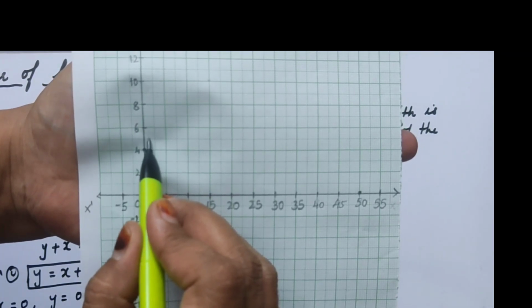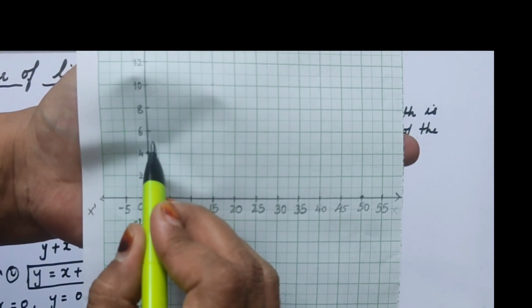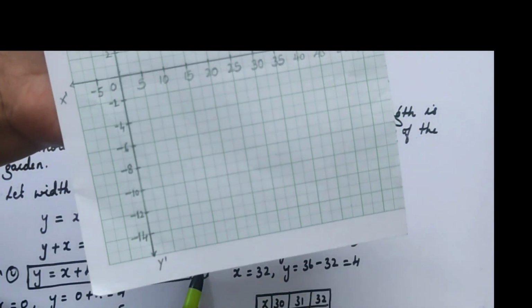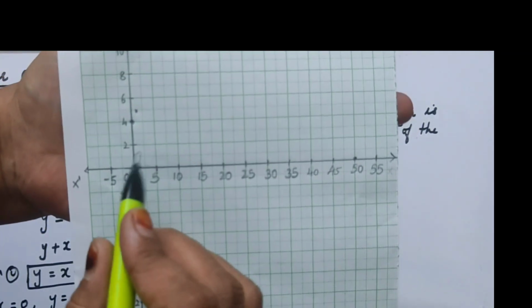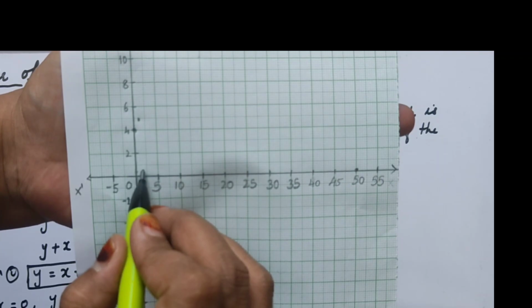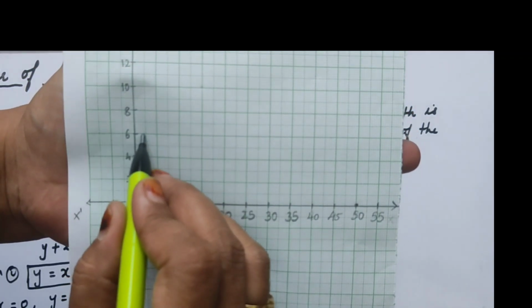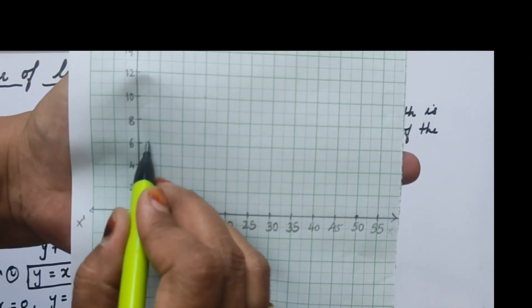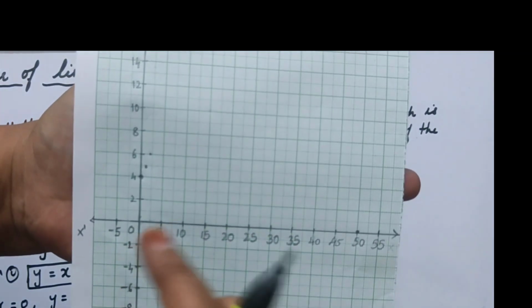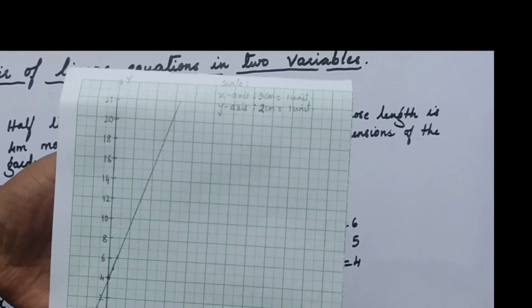I got the point. Okay, 2, 6. 2 means 4 divisions, 2 and 6 I got here. Okay, let me join all the points students.